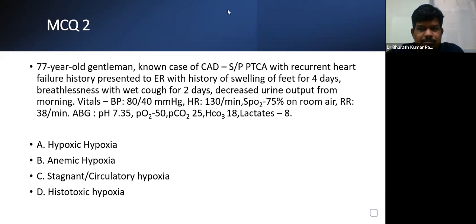So any answers? I can see one C. Any more answers? So from the history and the labs, we could clearly make out that the patient is having hypoxia, that is SpO2 of 75% with PO2 of 50.